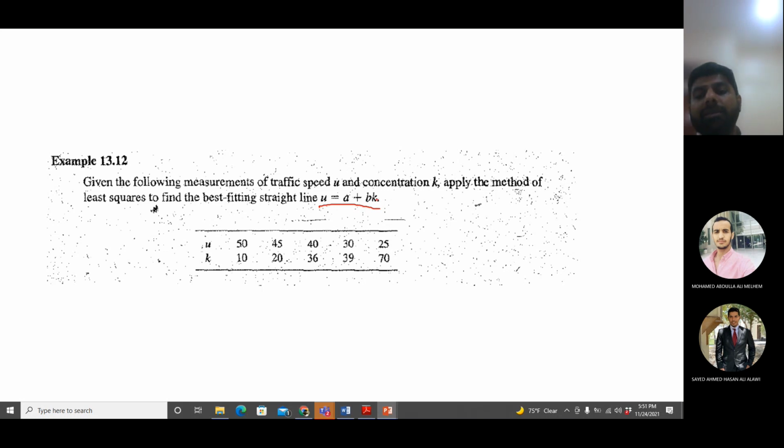So k is independent or explanatory. U is explained or dependent variable. The output is always dependent upon input, the output is always explained by the input. So u is explained or dependent and k is explanatory or independent.